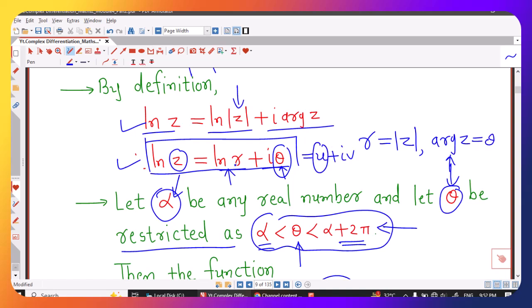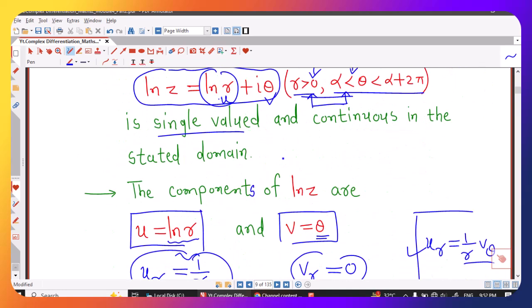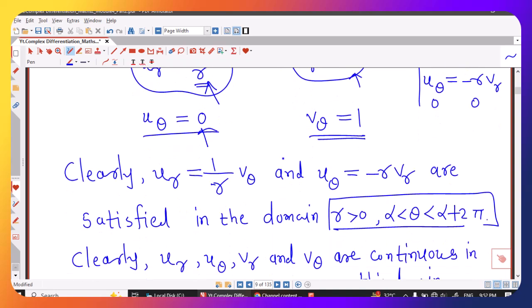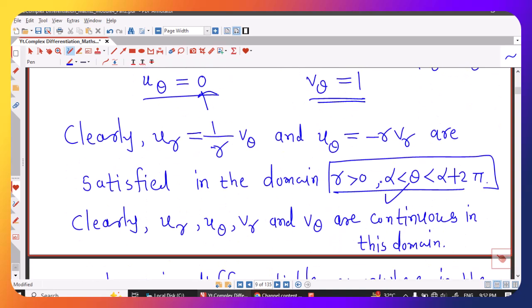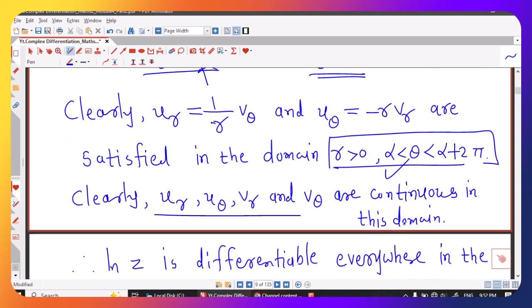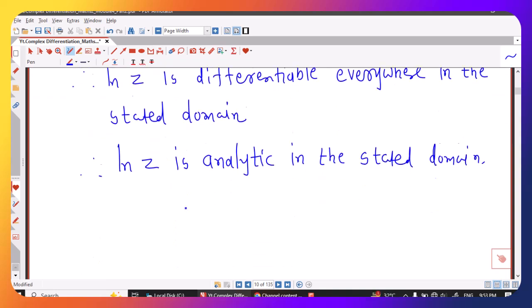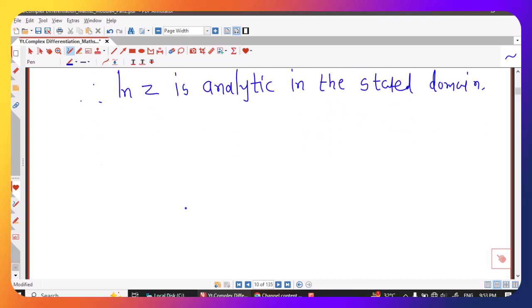We compare with u plus iv, we find out partial derivatives of u and v, and we see that CR equations are satisfied in this domain, and the second condition of continuity is also satisfied in this domain. Therefore log z is differentiable everywhere in the domain which we have written, and therefore log z is analytic in the stated domain.